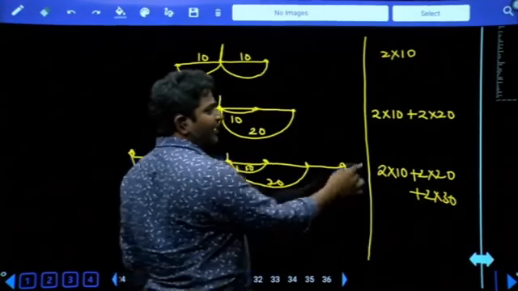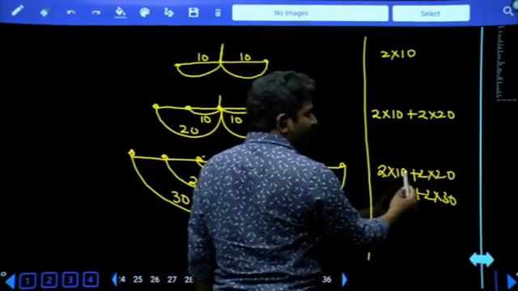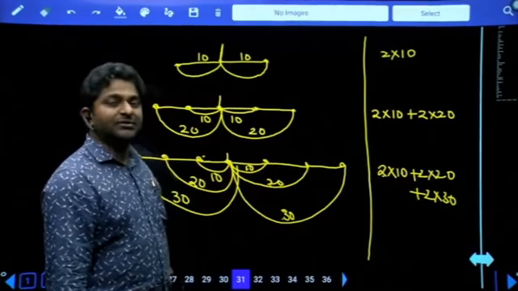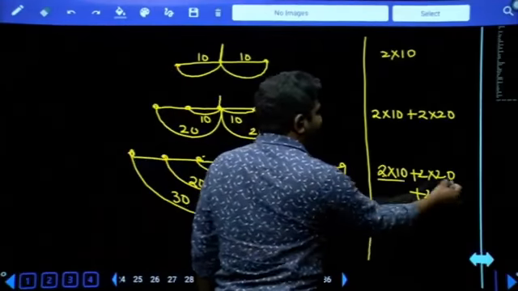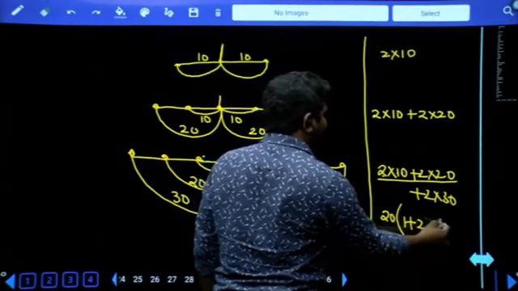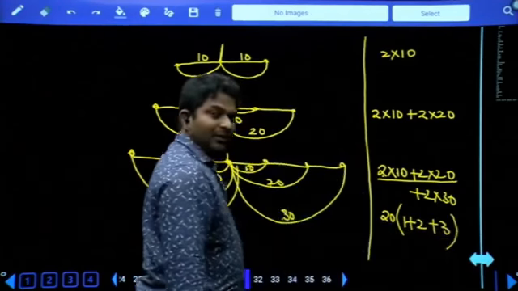So now everywhere we have a multiple of 2 and every number is a multiple of 10. So you can take 2 into 10, that is 20, common. If you take 20 common here, that is 20 times of 1 plus 2 plus 3.